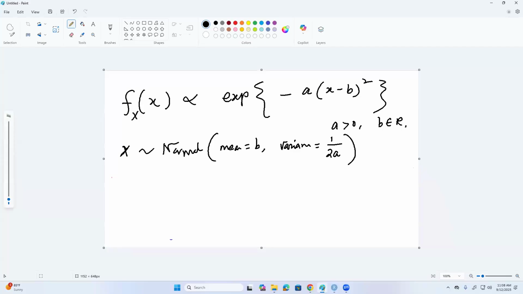It's a quadratic form in x, and it must be associated with the negative sign in the exponent. If it is not associated with the negative sign, then you cannot do the integration. It is not a density function. So this is important: a must be positive.